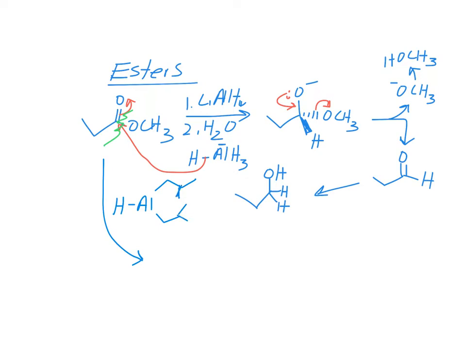So these are isobutyl groups. So this is called di-isobutyl aluminum hydride.